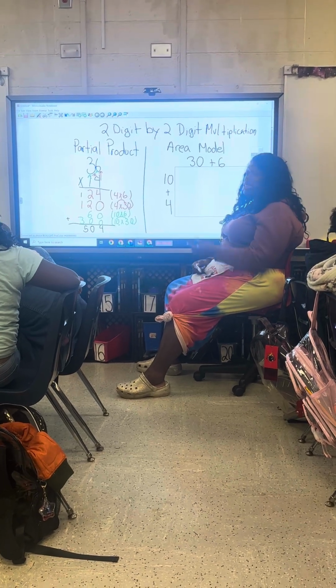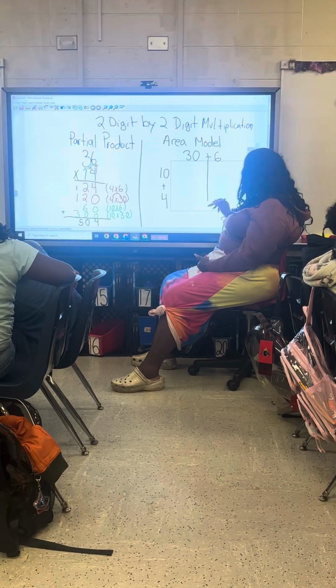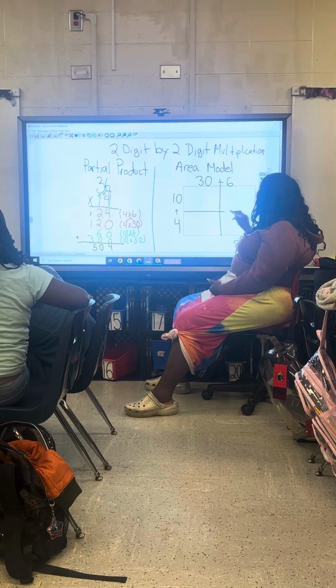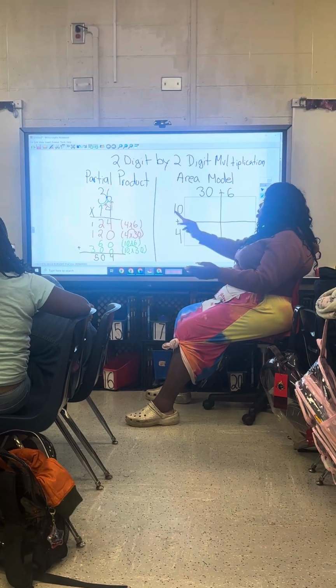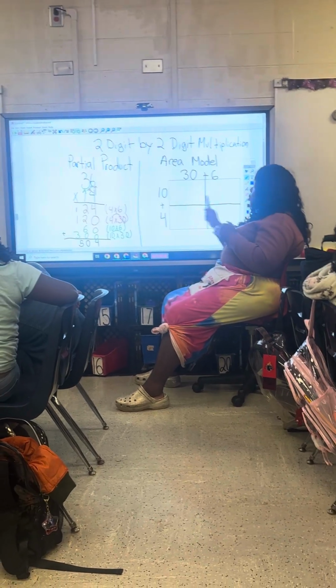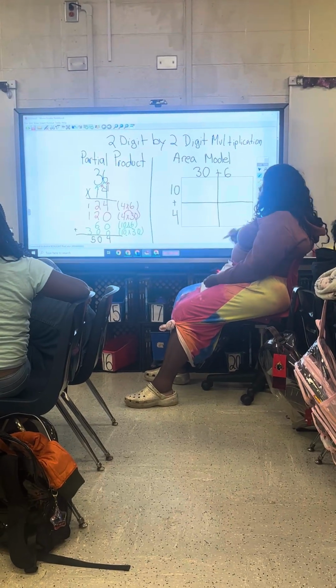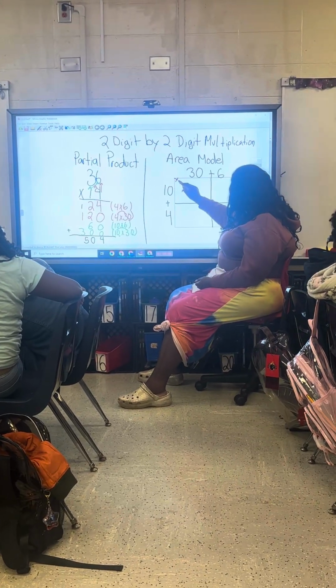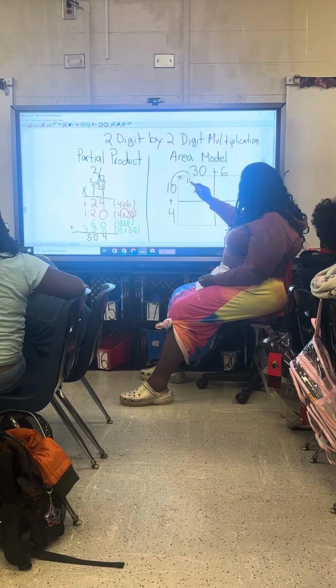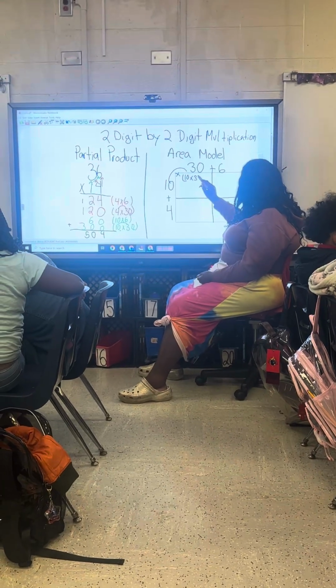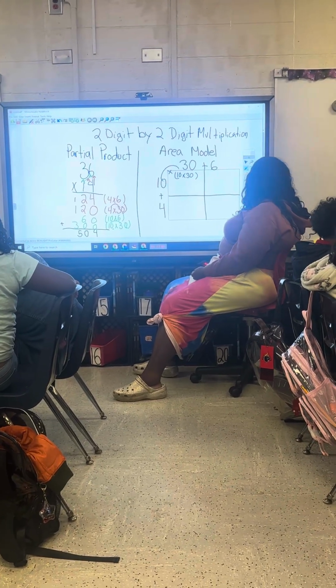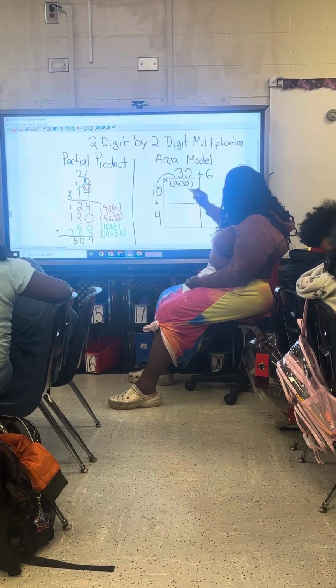I teach my students that where you see a plus sign, you make a line so that you can separate your quadrants. We're going from left to right. We're doing rows first. So the first row that I'm multiplying is going to be 10 times 30. And I write the equation on the inside because that's going to help me to do my math. 10 times 30, I know that there are 2 zeros.